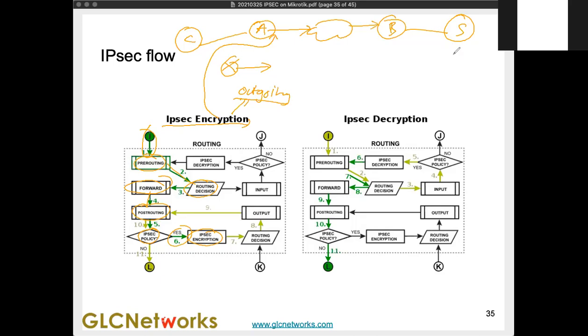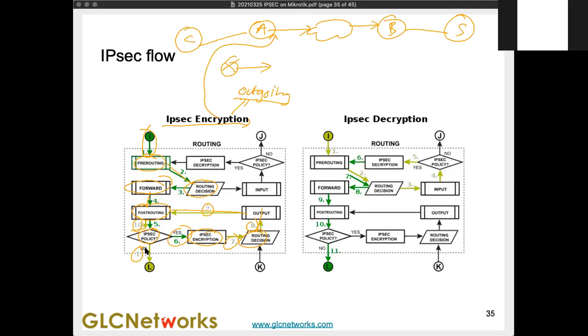So encryption happens here, then routing decisions, output, and then another post-routing. So two ways: number 7, number 8, number 9, number 10. After number 10, there will be a check for the security policy because we do encryption here. For example, we do the tunneling here, right?